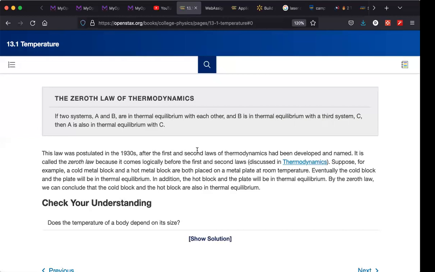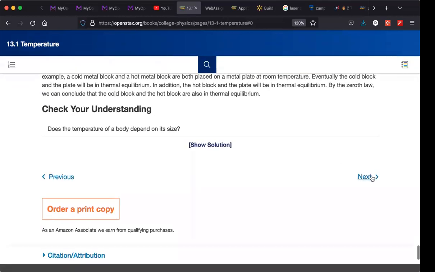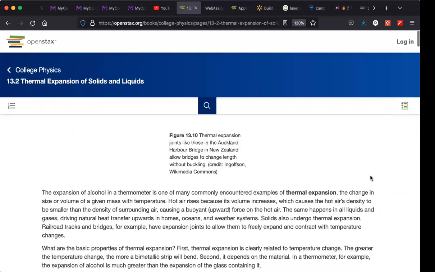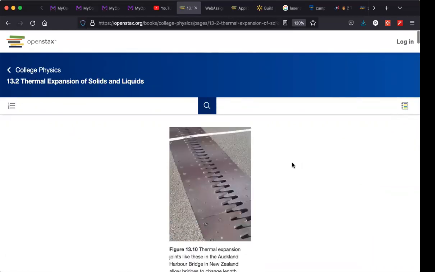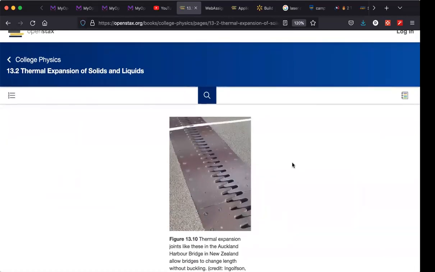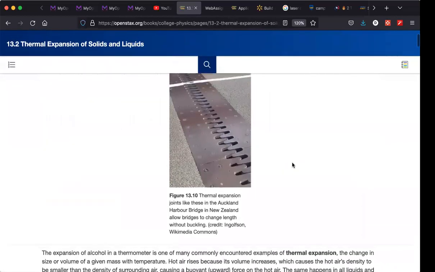What it's really talking about here is that when things are brought into contact thermally, they can trade heat back and forth. Eventually, they're all going to become the same temperature. And that actually becomes quite important in many things. We're not going to spend a lot of time thinking about that because we're not going to do thermodynamics, which some students will do as they go on to the next chapter.